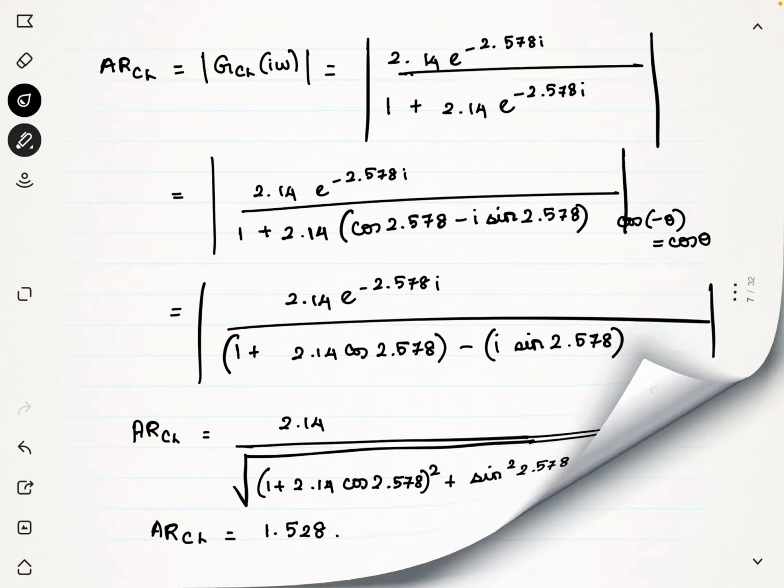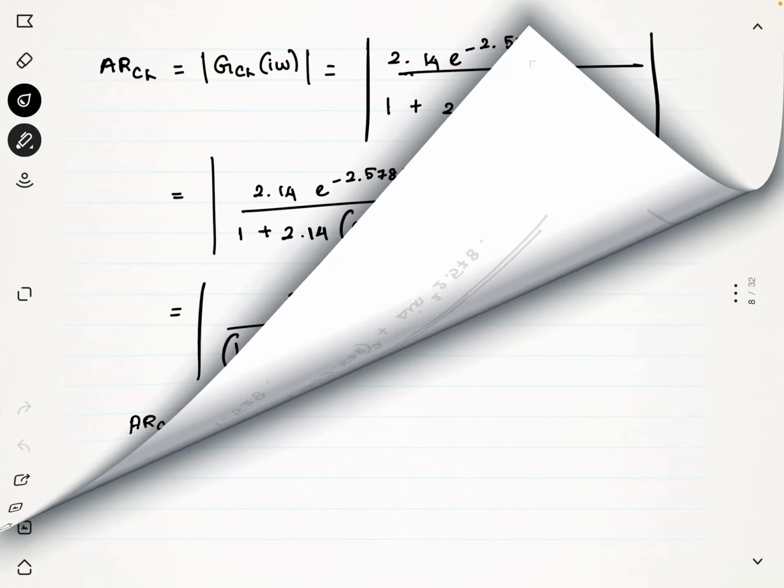And we know that the input signal was u is equal to 1.5 sine 0.5 into t. So the input amplitude Ai is 1.5. So the amplitude ratio of the closed loop from our computations, we get 1.528.